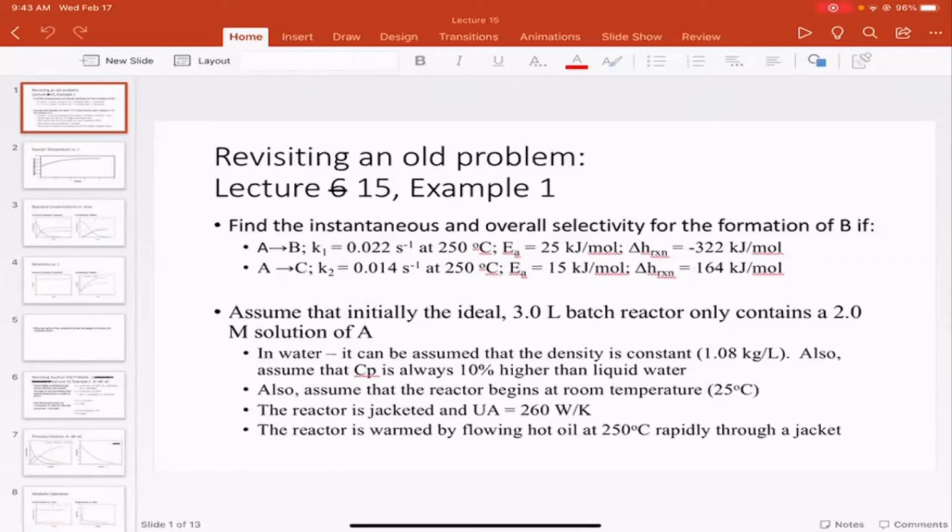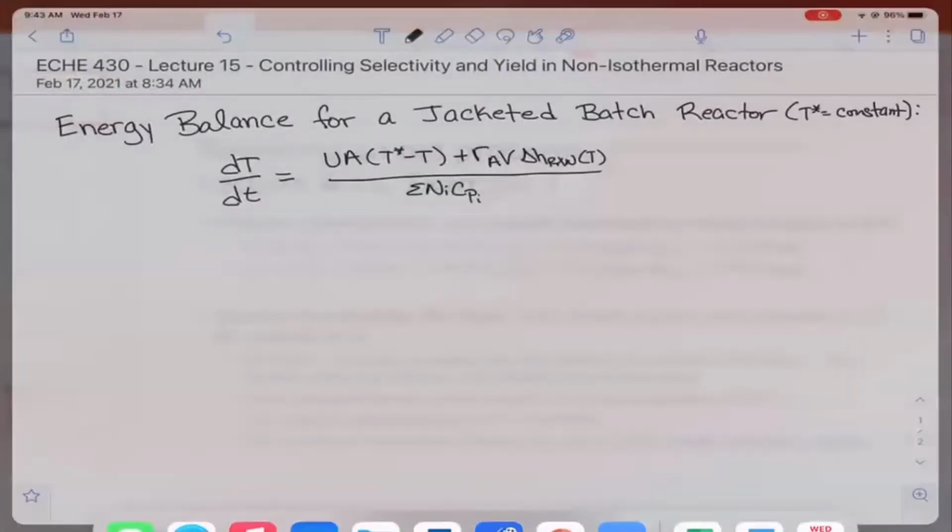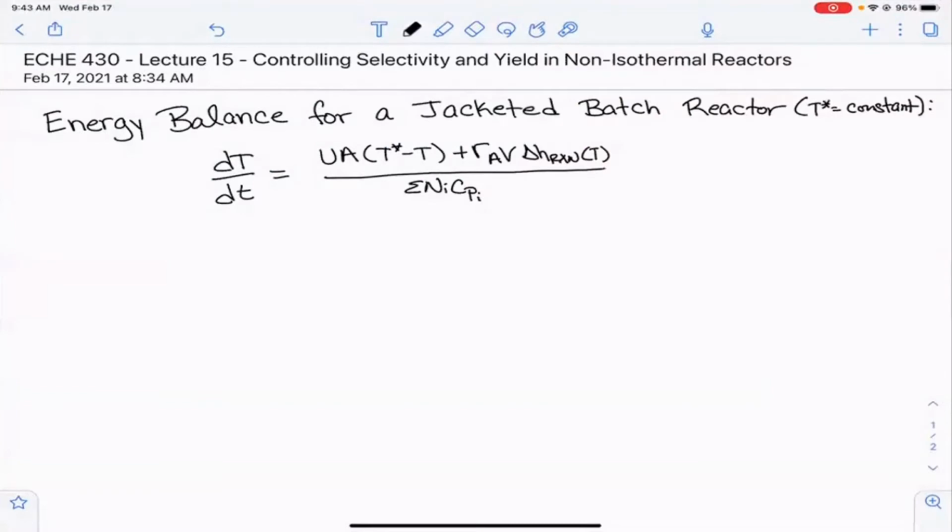And before, when we had started with non-isothermal reactors, we did the exact same thing for every system, right? We said, well, we know that we have A goes to B at k1, and we know that A goes to, say, C with k2. So the first thing that we would do in this case is to determine the rate laws for each of these species.